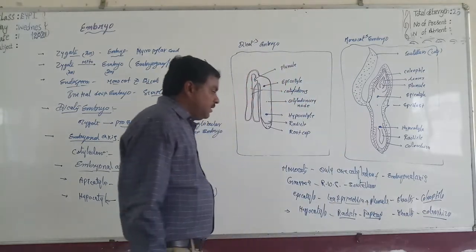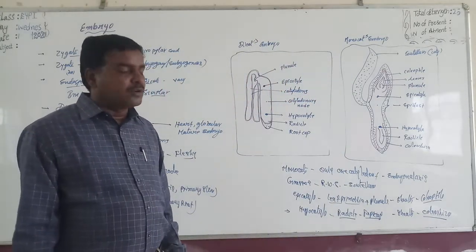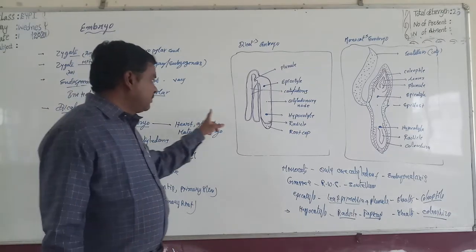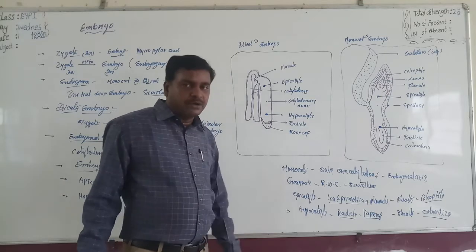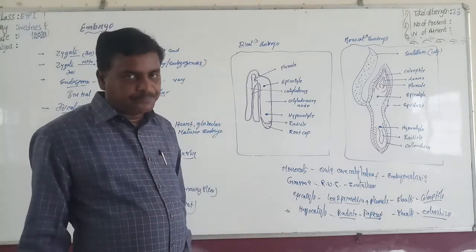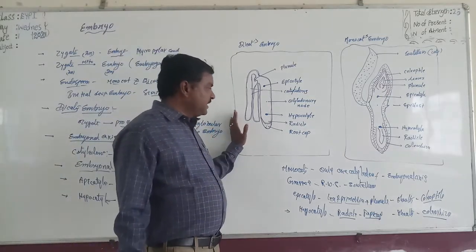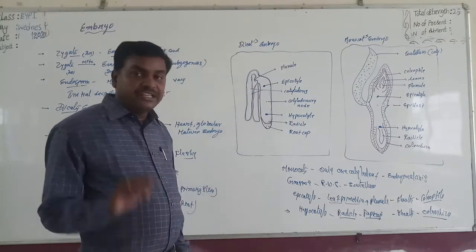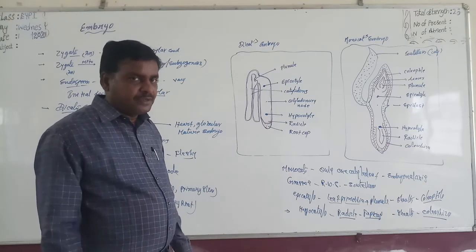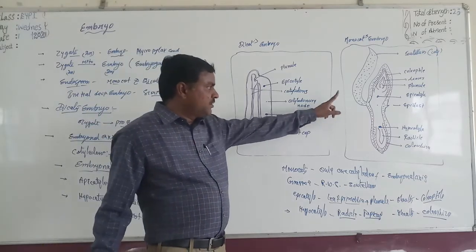Students, very, very important: dicot and monocot embryos. In a dicot embryo, two cotyledons are there, but in a monocot embryo, only one cotyledon is there. In dicots, food materials are stored in cotyledons. In monocots, food material is stored in the endosperm. The single cotyledon is called scutellum.